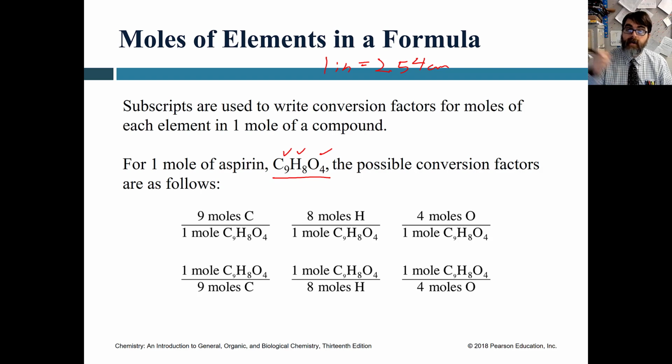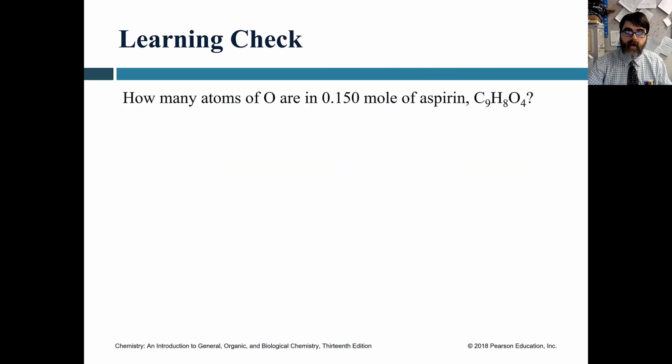And so we now have a lot of conversion factors, and you just have to keep in mind that the formula gives you the number of pieces that are in 1 molecule. If you have a mole or some fraction of a mole, as this calculation is going to have here, then we can still get to the number of individual atoms.